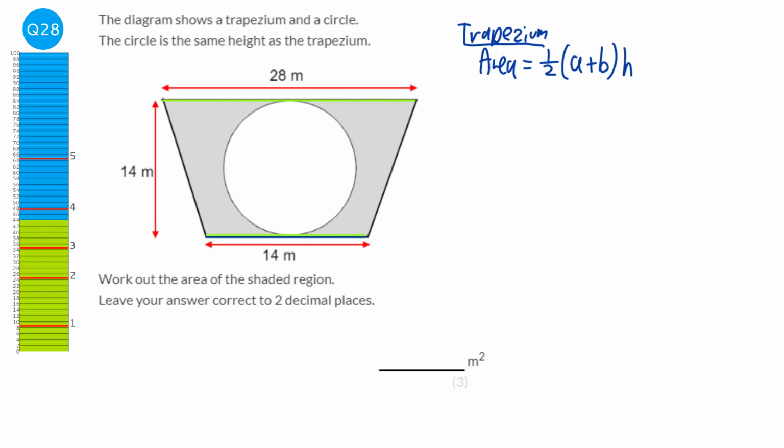So that is a and b. And then the h is the perpendicular distance between them. Perpendicular means it hits it at right angles, so that's what we've got here. So the area would be half times a, which is 28, plus b, which is 14, times the height, which is 14. And so that would be 294.